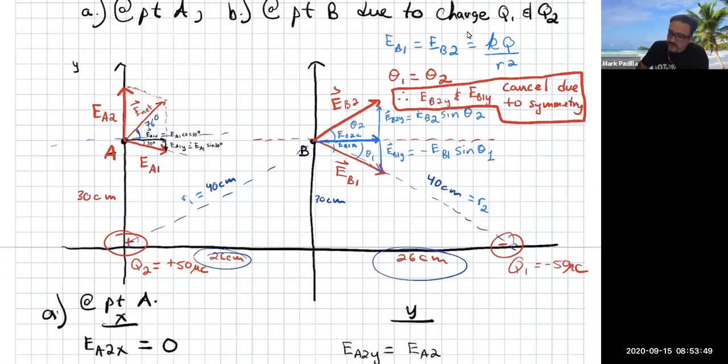You don't need to write all that out, but you can, just to see how it works out. Theta 1, theta 2, KQ, R squared, R's are the same, Q's the same, K is a constant. It all cancels out. So you need to make a symmetry argument. You can't just ignore it. And if I'm testing you, I would at least want to see EB2y and EB1y cancel due to symmetry, or the y components of the E field cancel due to symmetry.